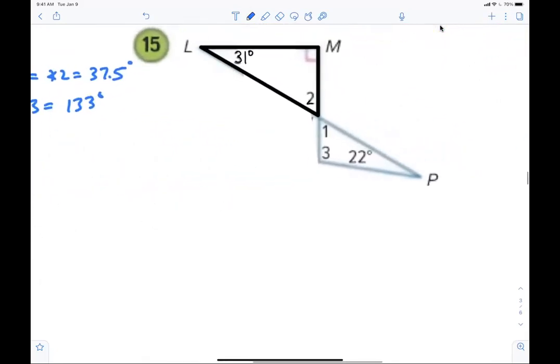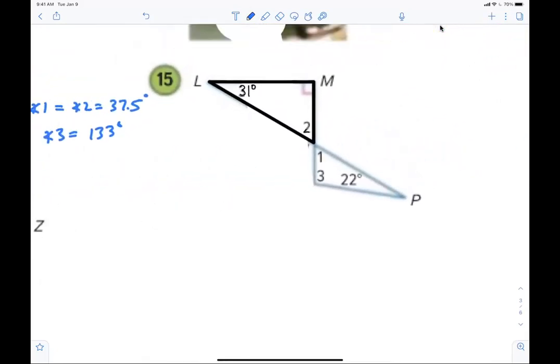All right, let's knock out 15 real quick. So what two angles are equal from there? 1 and 2. Angle 1 equals angle 2 equals 59 degrees.